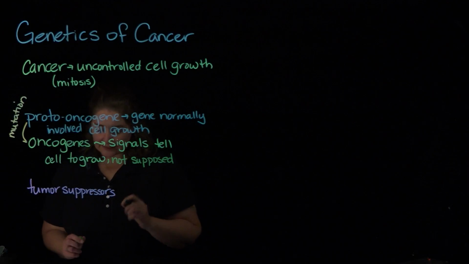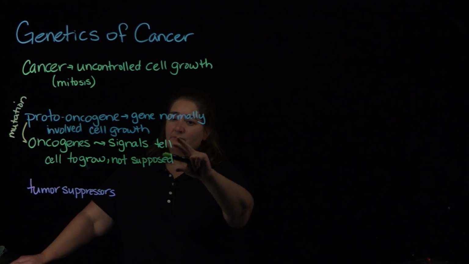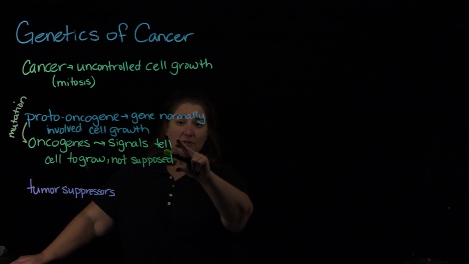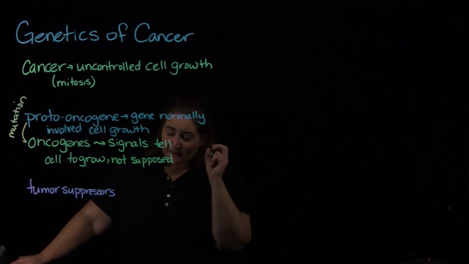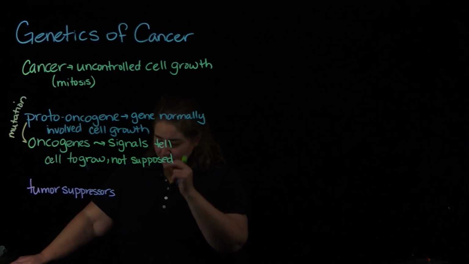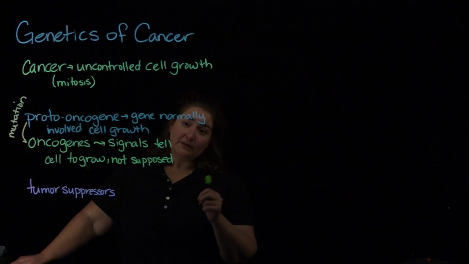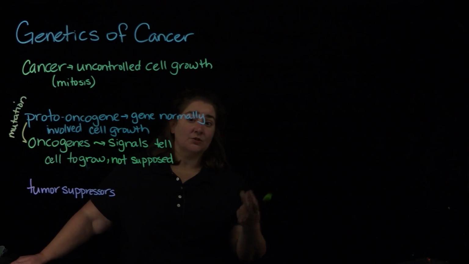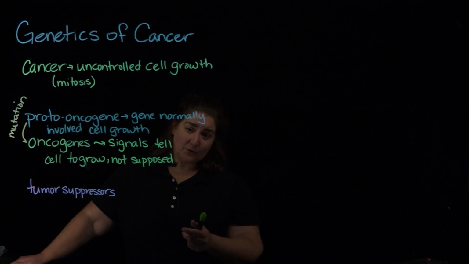All right? That's the key. So you can have the normal protein made, but it's made in higher levels. You can have a mutation that causes the protein to be hyperactive. Hyperactive meaning it functions more than normally and tells cells to grow when it's not supposed to.